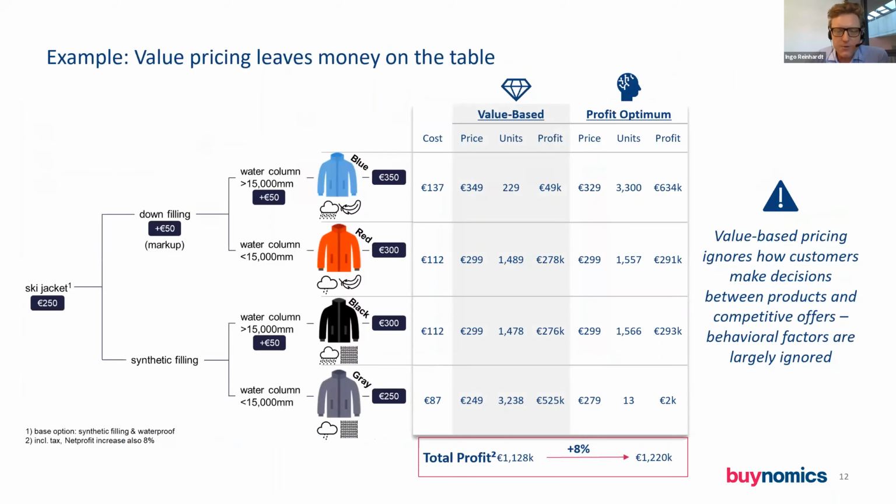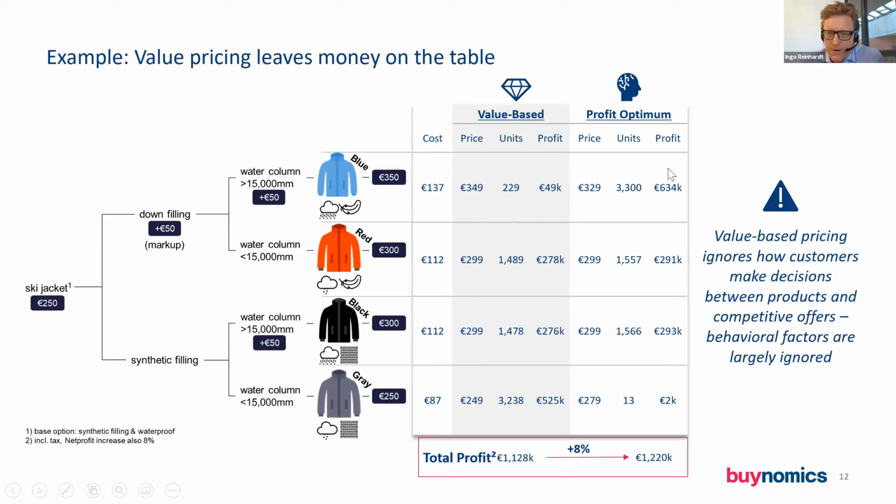And when we come back to the jacket example, we did that not with ski jackets, but with a different product, but with similar numbers. What we saw there is that we compared these value prices and the sales volumes that relate to that. Of course, then you can compute how much profit you make with this value-based optimization.